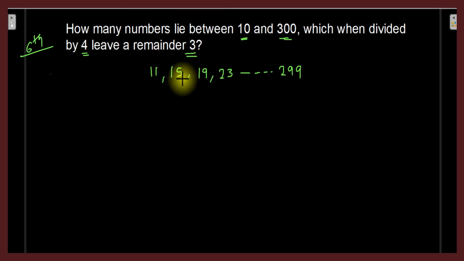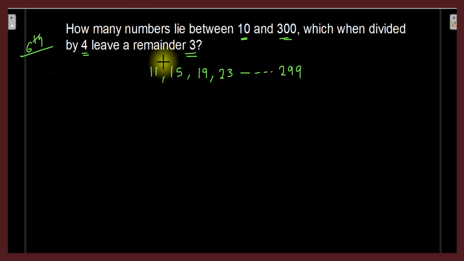So here, this is an arithmetic progression because the difference between each successive term is 4. The second term minus the first term is 4. The third term minus the second term is 4. The fourth term minus the third term is equal to 4, and therefore the common difference is 4.